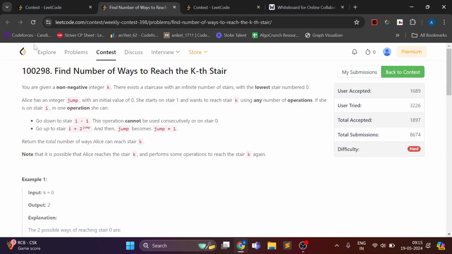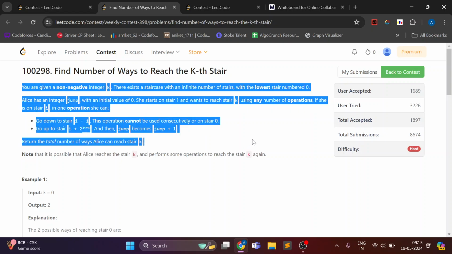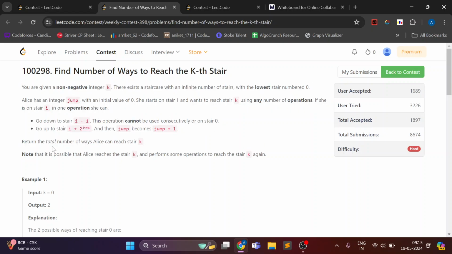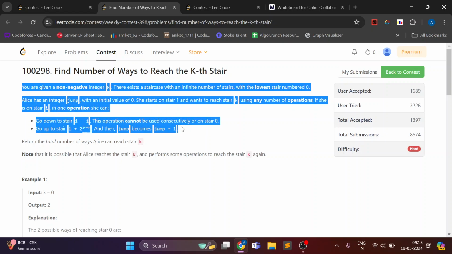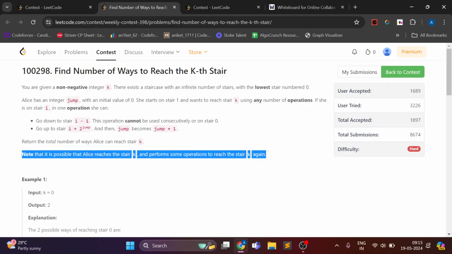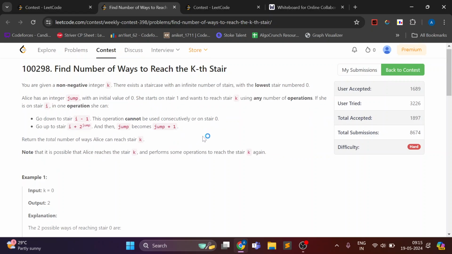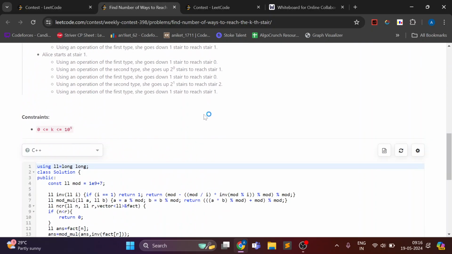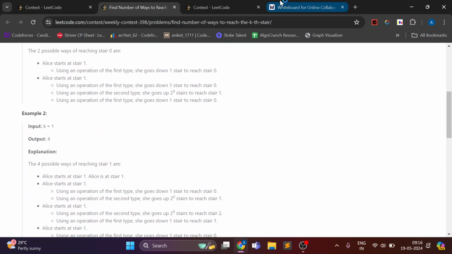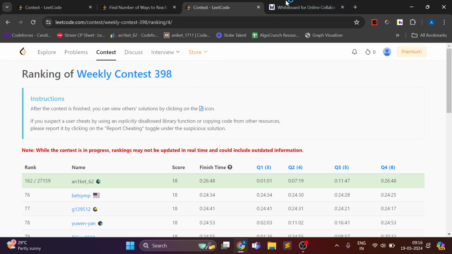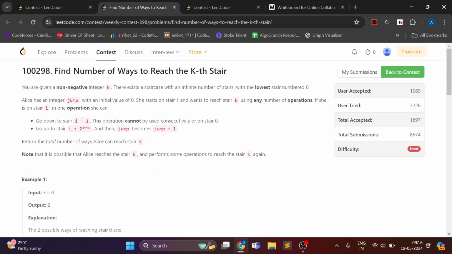Now the fourth problem. I don't know how so many people are solving this, but there might be a simpler solution. I wrote a combinatorics type of solution. Let me explain the question first.